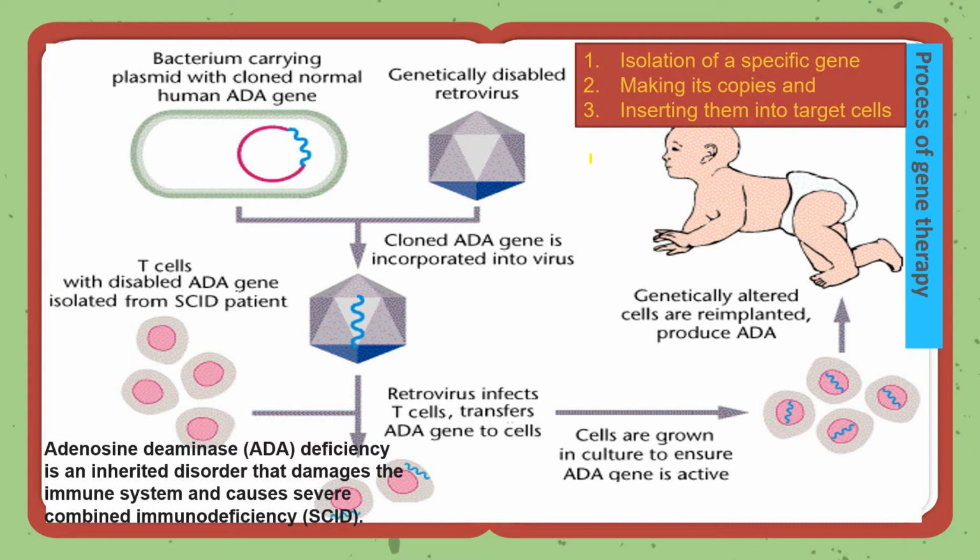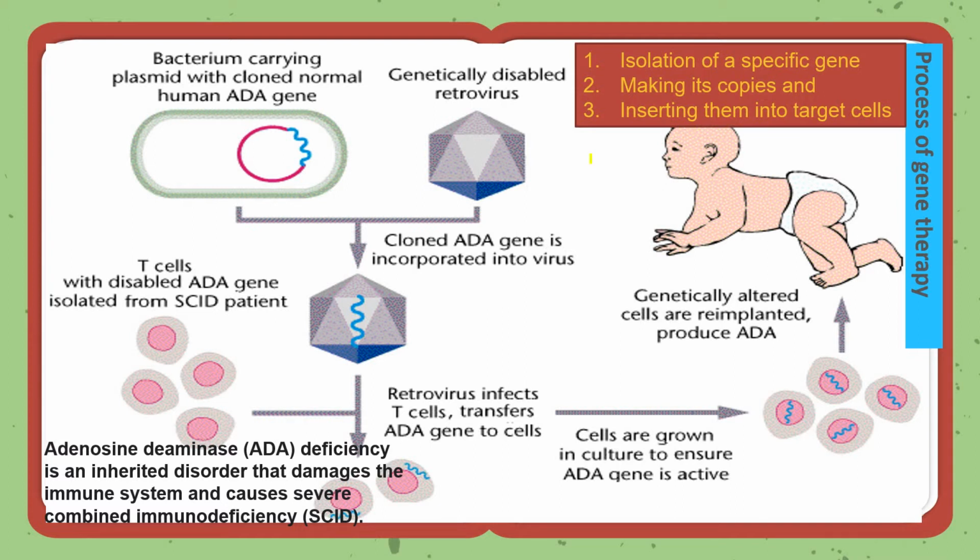The right approach for SCID treatment would be to give the person a functioning ADA which breaks down the toxic biological product, so that we rectify the deficiency of ADA.